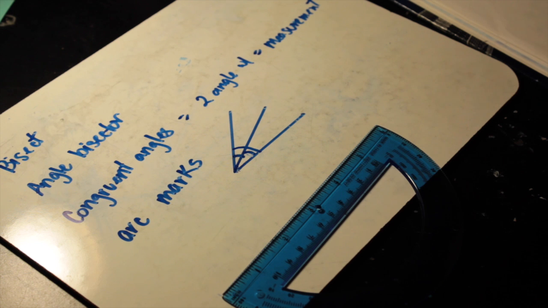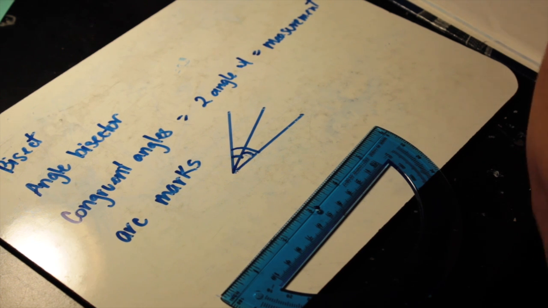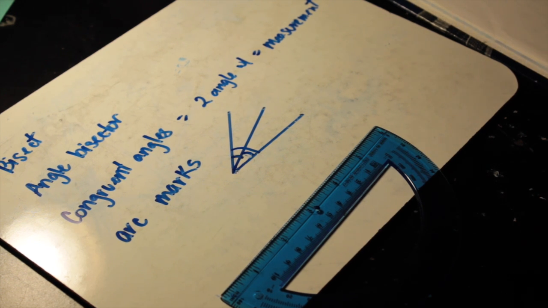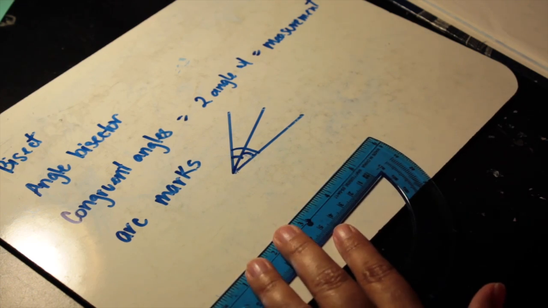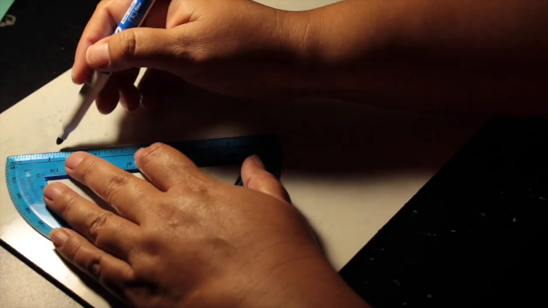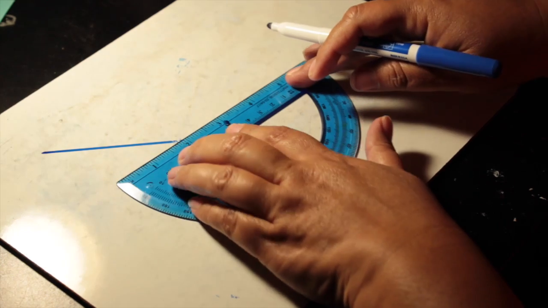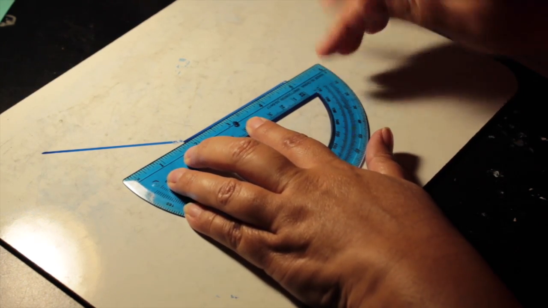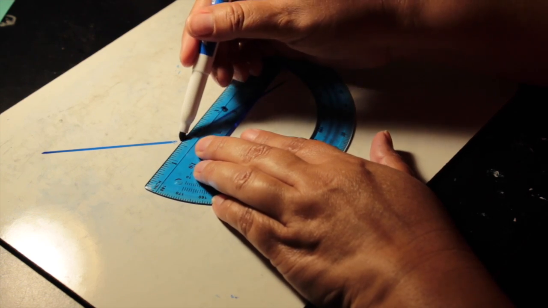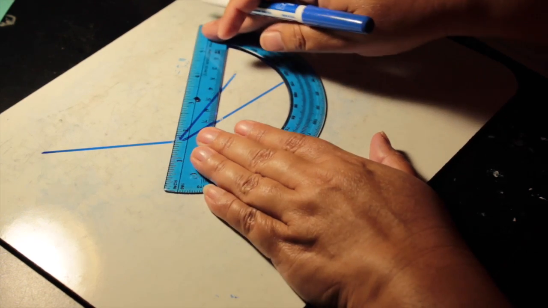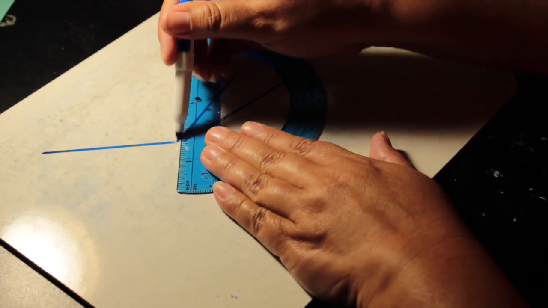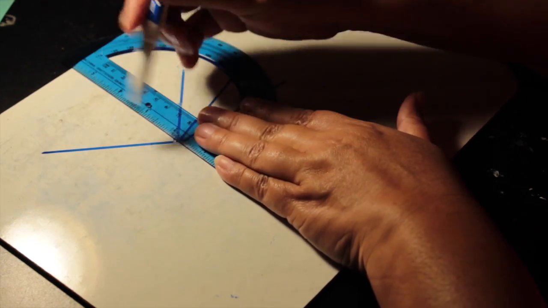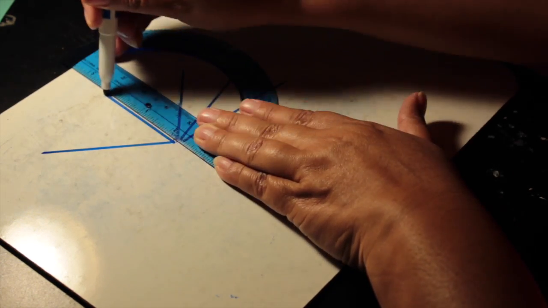So let's take a look at that, using angle bisectors and congruence marks. The measure of angle ABC. Let me draw this very complicated looking set of angles. You could probably follow along in your book.